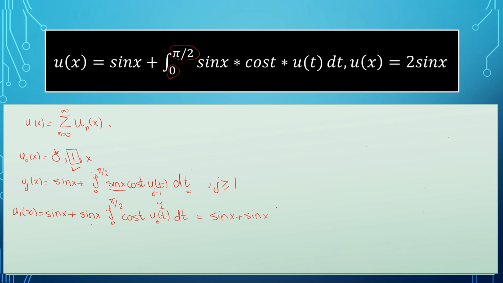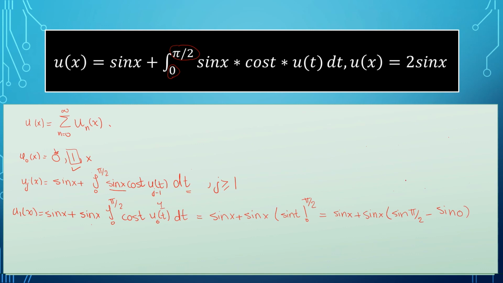The answer is sine t from 0 to pi over 2 for this integration, of course. And this will give us, again, we write sine x plus sine x and substitute with the limits. So we get sine pi over 2 minus sine 0.